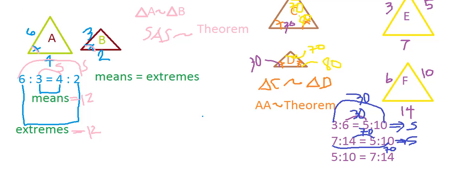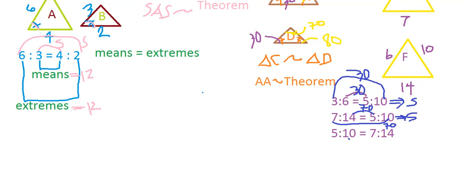What about this one? I guess they are just the same. What's our missing side here? We'll have 3 is to 6 proportional to 7 is to 14.